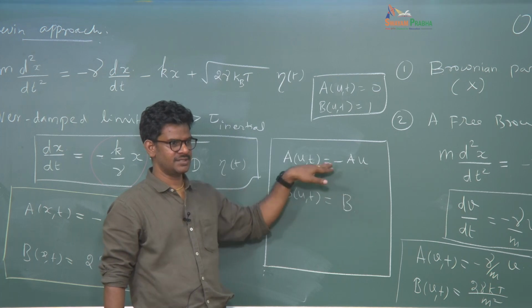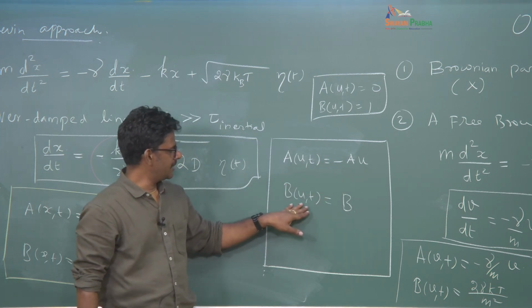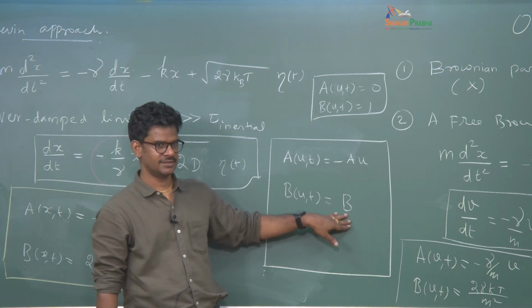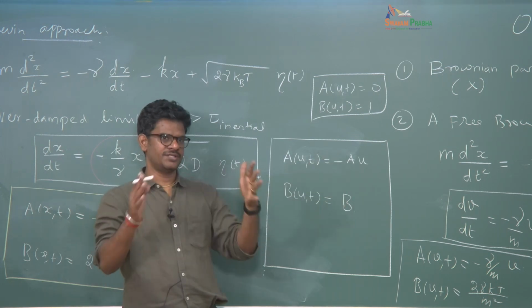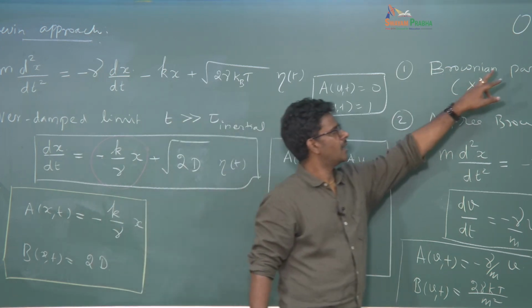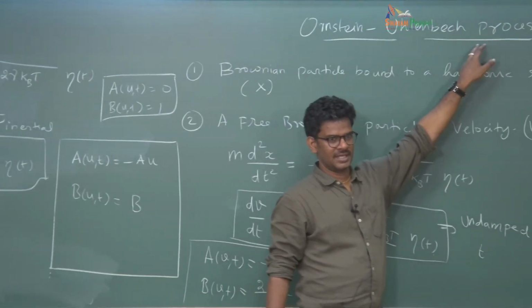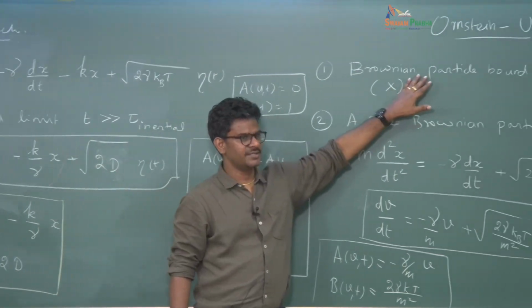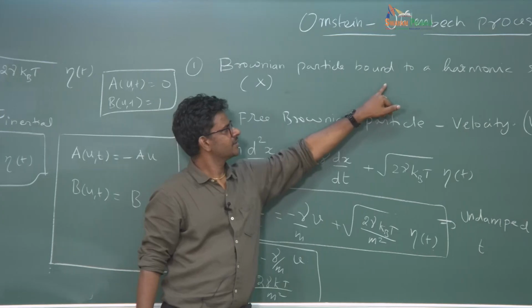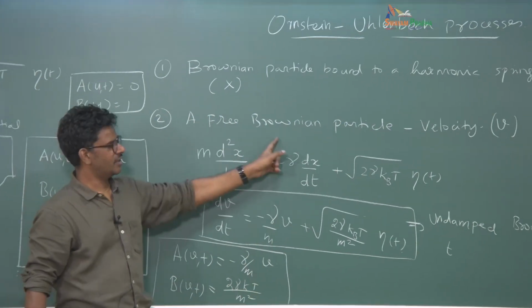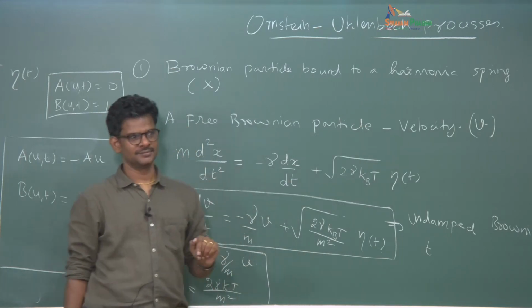It changes linearly, and then this function b is some arbitrary constant. Any stochastic process that has this functional form is called an Ornstein-Uhlenbeck process, and this process in its original form was used to characterize Brownian particles bound to a harmonic potential, also free Brownian particles' velocity.